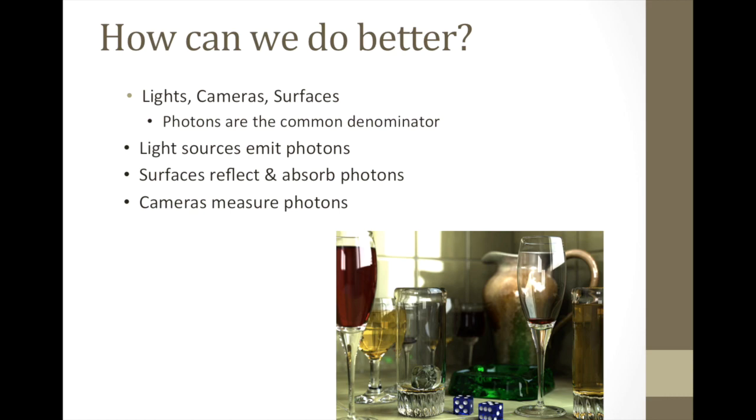Ray tracing is really based on understanding the physical properties of light and trying to model those in a computer. This approach is different than the rasterization approach that OpenGL uses. The image you can see here is a fully digital image. Everything in this image is completely digital.